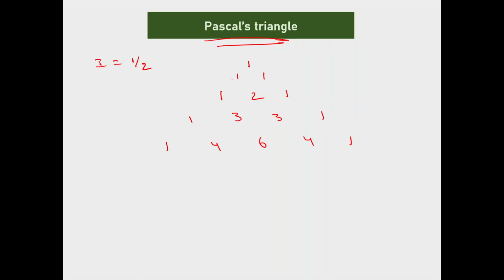How this happens is, let's say this is 1. If we consider the neighbors as 0, then the addition of these two will give this. Now again, 1 plus 1 is 2, and here this will come as 1.